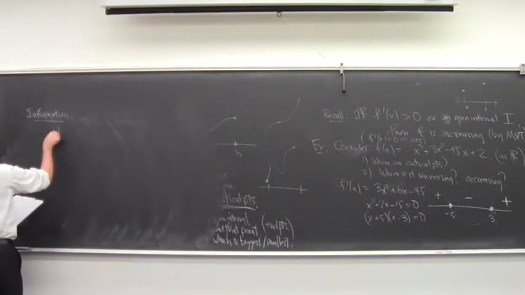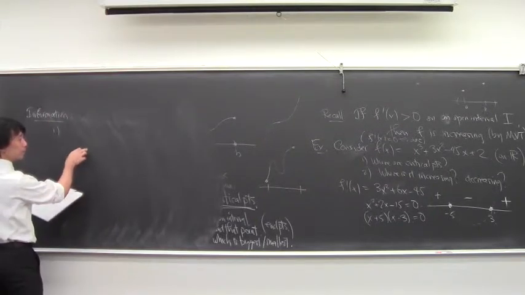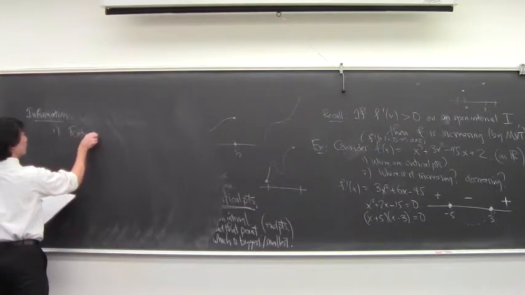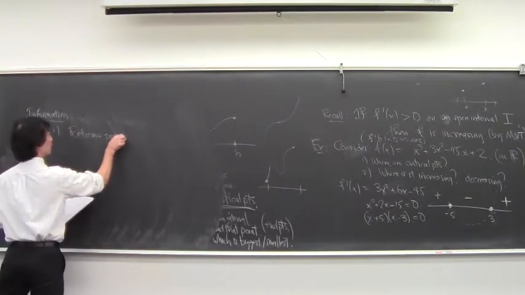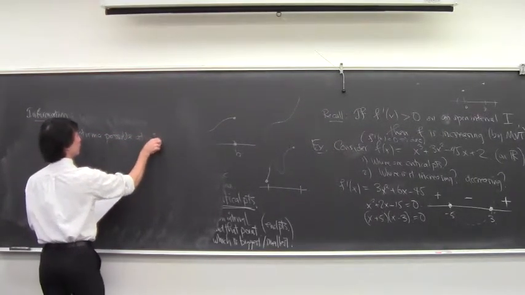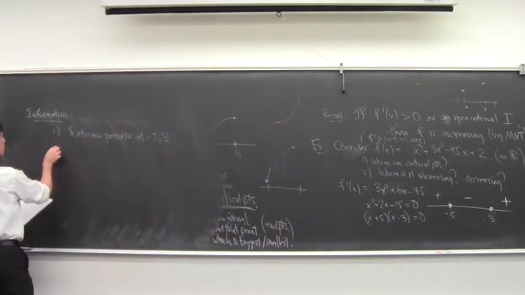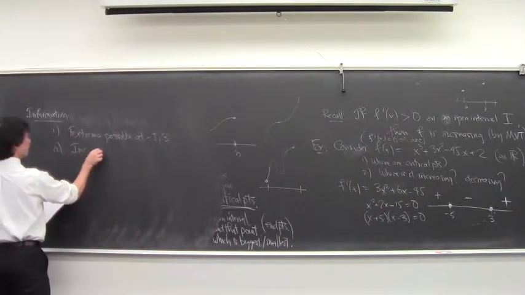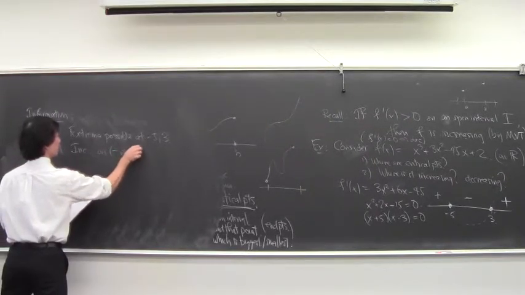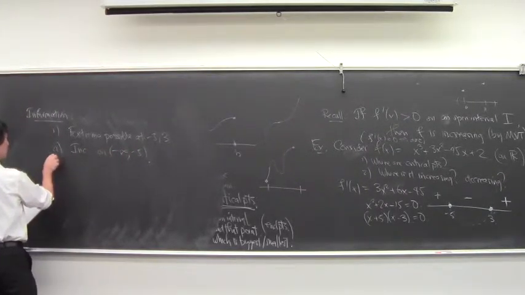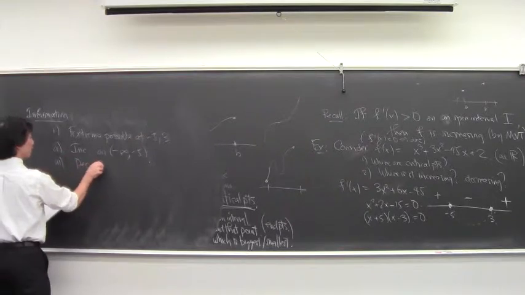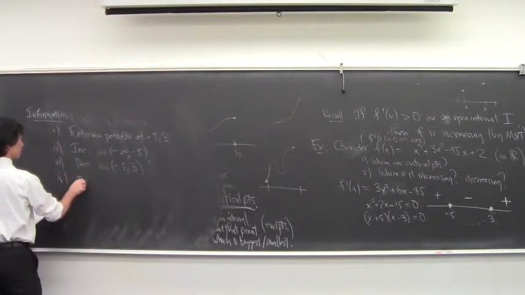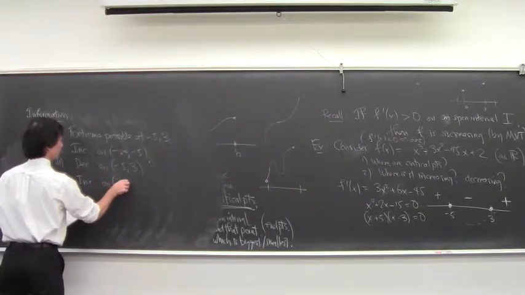The information you get is that there are possible extrema at -5 and 3, and the function is increasing on negative infinity to -5, decreasing on -5 to 3, and increasing on 3 to infinity.